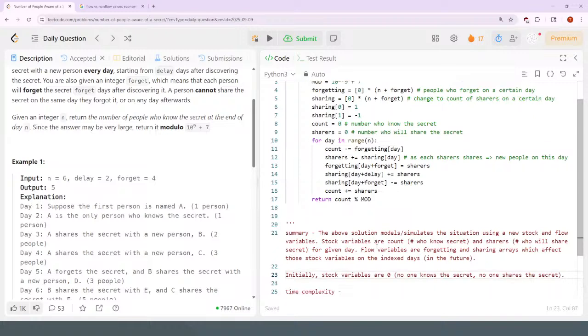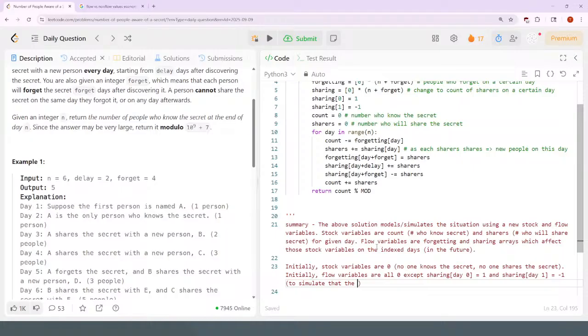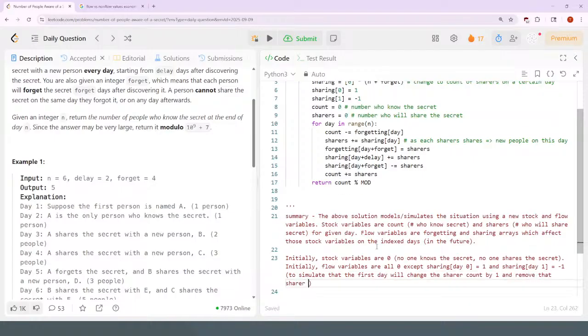Initially, flow variables are all 0, except sharing on day 0 is 1, and sharing on day 1 is -1, to simulate that the first day will change the share count by 1 and remove that special share on day 1.